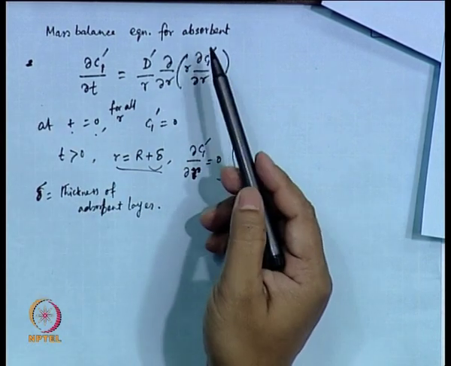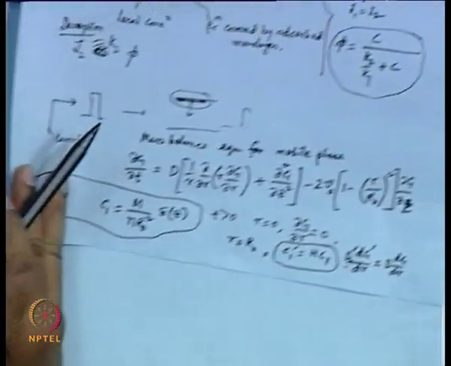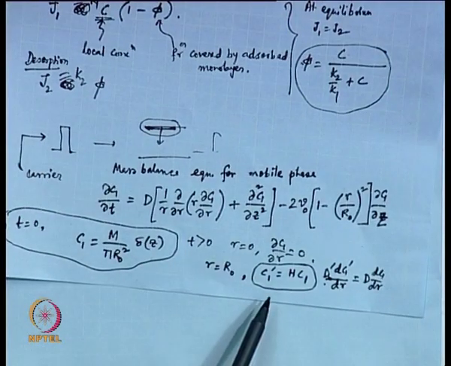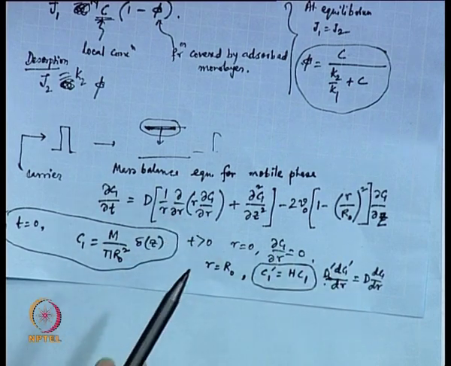So, you have a mass balance equation for the adsorbent phase with some boundary condition, you have a mass balance equation for the mobile phase with some boundary condition, and then the researchers have come up with a solution. In fact, numerical is still a possibility, but an analytical solution is available.